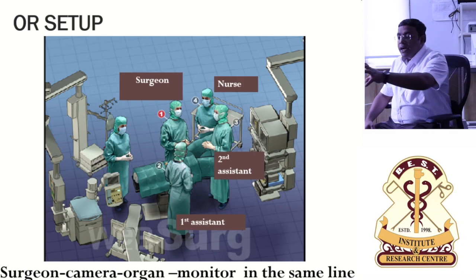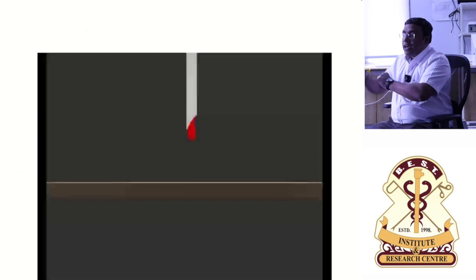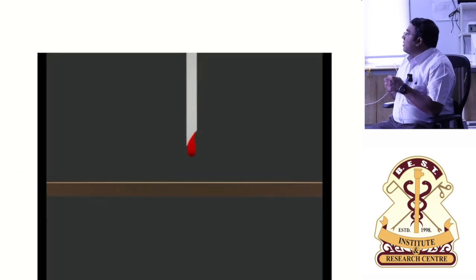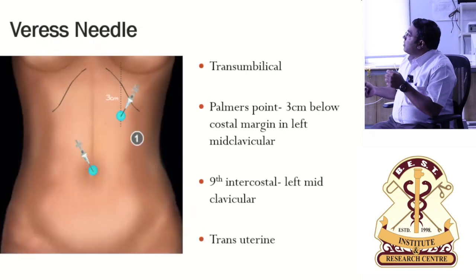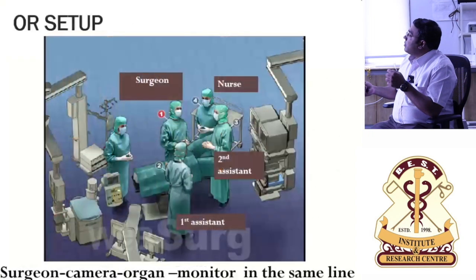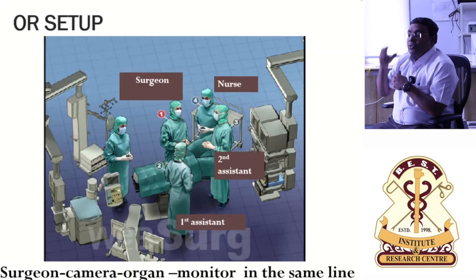Suppose I am retracting the uterus with a tooth grasper in my left hand, and I am doing the surgery with my right hand. So your thought process or your brain is fully involved in coordinating the movements of your right hand.